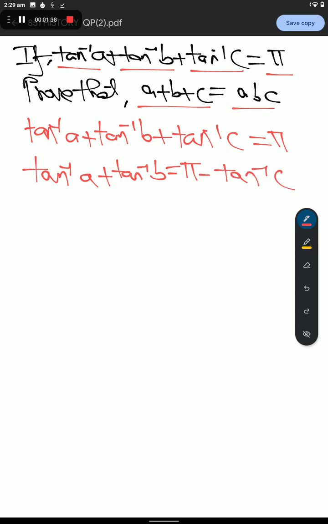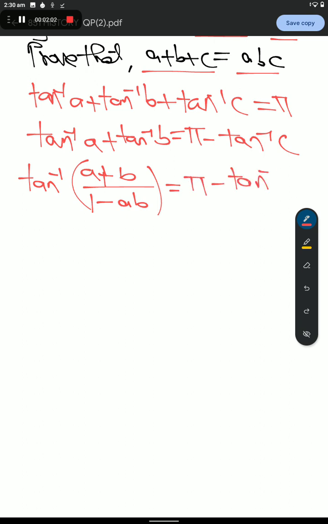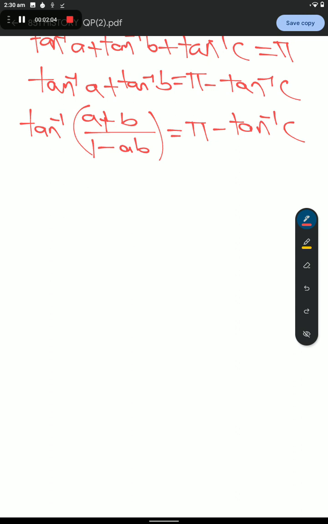This is the first step, and then you have to apply the formula for tan inverse A plus tan inverse B. So what is the formula here? The formula is tan inverse of (A plus B) by (1 minus A times B) is equal to pi minus tan inverse C. Now you'd like to bring this tan inverse to the other side.